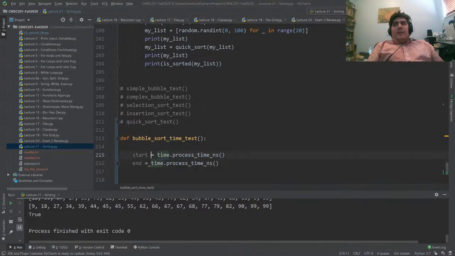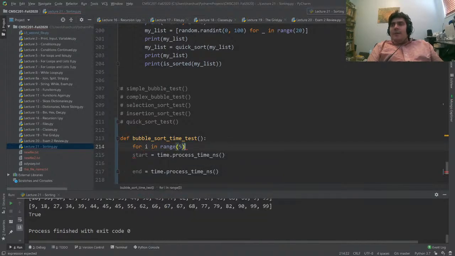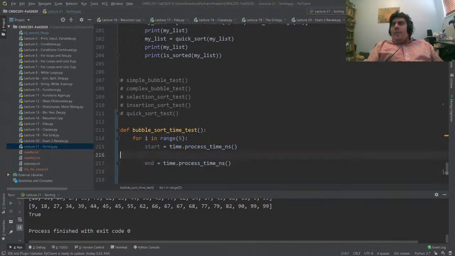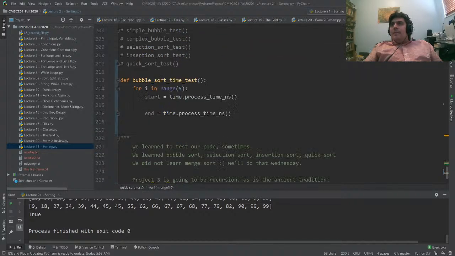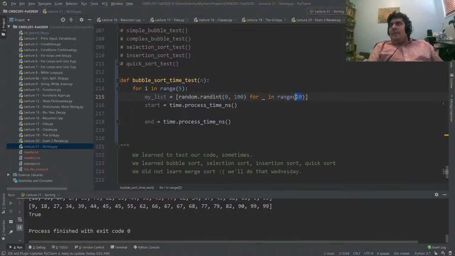And so let's time this thing. And let's do a few tests. So for i in range, say 5, let's generate some random lists of size n.